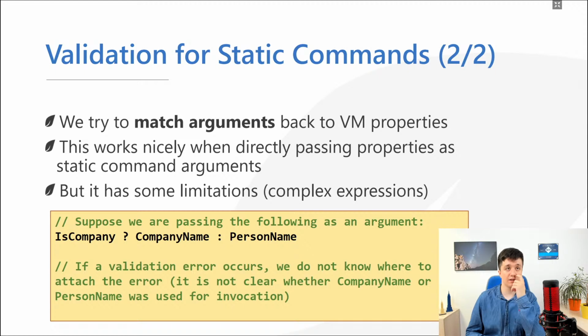We can of course do this for most cases, because in our experience, whenever we are doing command invocations or static command invocations and passing arguments, people usually tend to put individual properties as arguments, which is quite common.